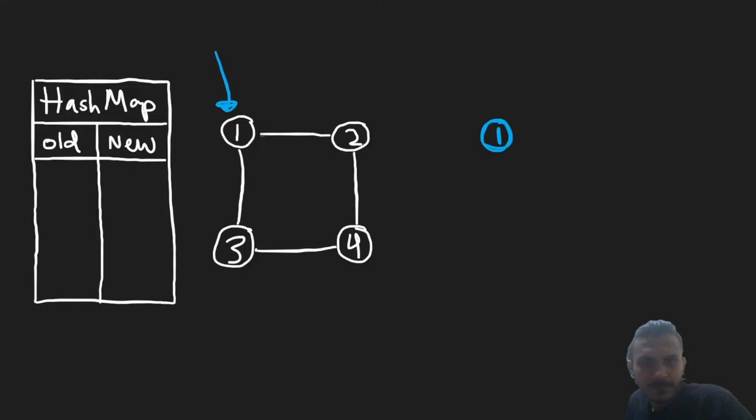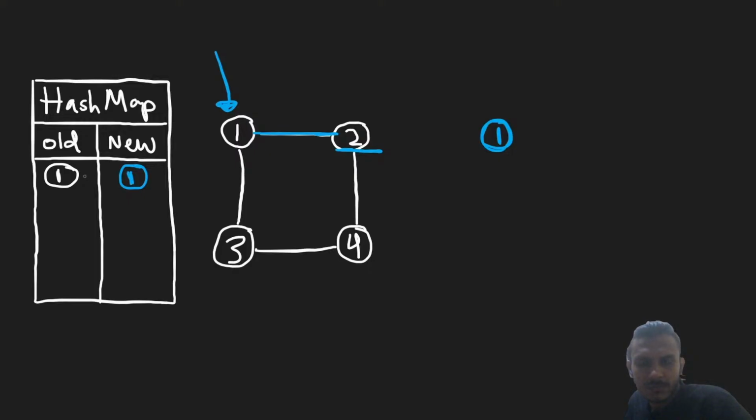So first thing I'm going to do is go to its first neighbor, which let's just say happens to be 2 in this case, right? So I'm going to start cloning starting at 2. So we're at 2, we're going to create a clone of 2. Oh, and by the way, before I forget, before we make a clone of 2, we know we just created a clone for 1. So what are we going to do? We're going to map the original node 1 to its now clone node 1.